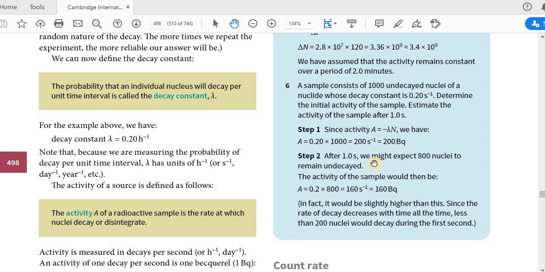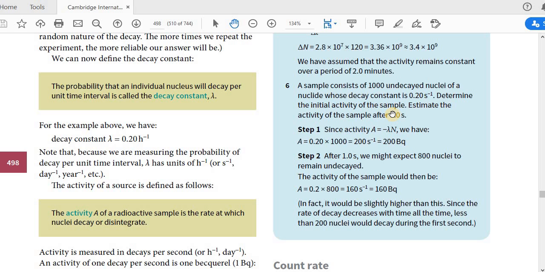Okay, so after 1 second we might expect that 800 nuclei remain undecayed. The activity of the sample would then be, yeah, so 200. Okay, so this was the initial activity.